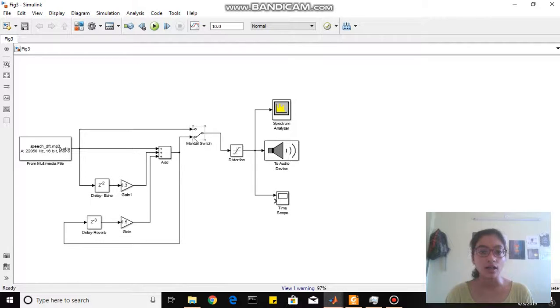And after this I am clipping the result to provide some distortion and then I am outputting the same to my output devices. Also I am outputting my original signal for comparison. I am showing the echo effect, the reverberation effect and the distortion effect. These are common audio effects.